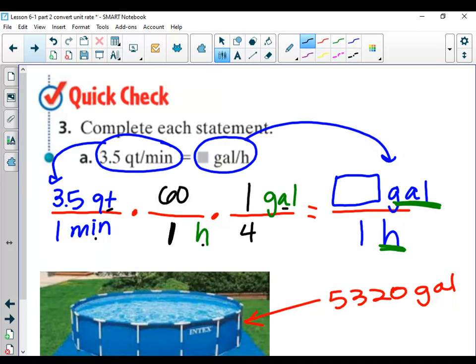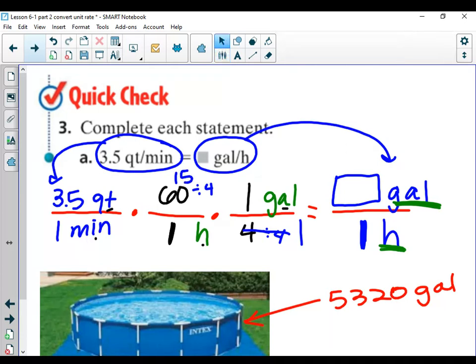Now I have some choices. Would I like to simplify first? Maybe I would, because 1 times 1 times 1 still 1 on the bottom. Yay, hooray! 60 divided by 4 is 15.